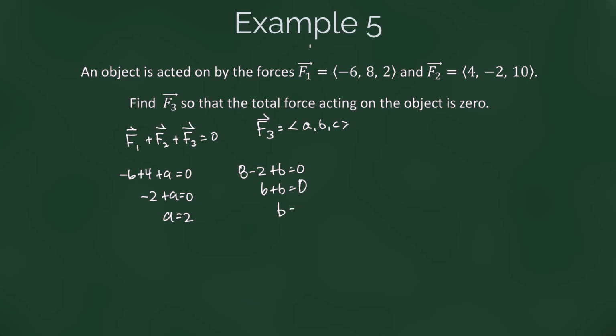So B must be -6. And then we need for our last component 2 plus 10 plus C to be 0, so that C is -12. So our third vector is going to be the vector 2, -6, -12.